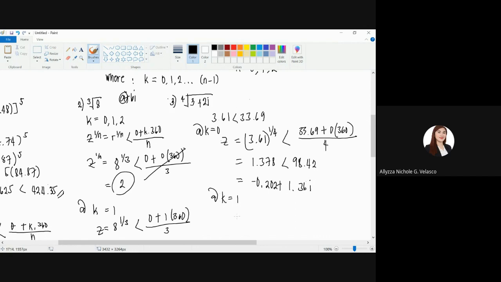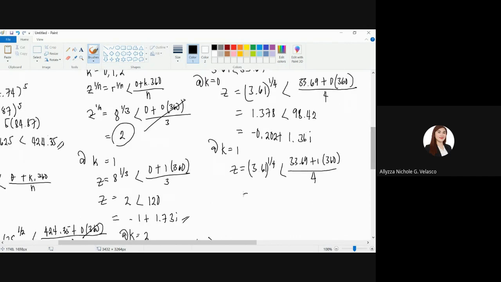So we have here z is equal to 3.61 raised to 1/4 per angle 33.69 plus 1 times 360 over 4. That is equal to 1.378 per angle. So we have 33.69 plus 360.